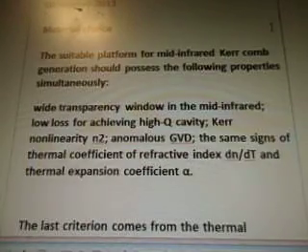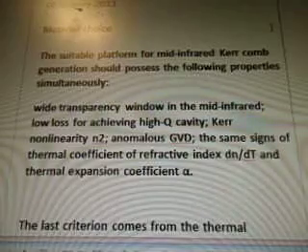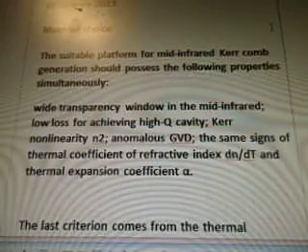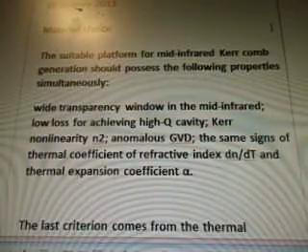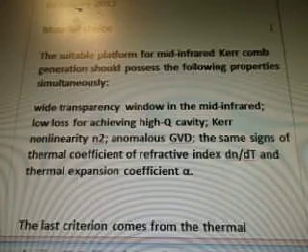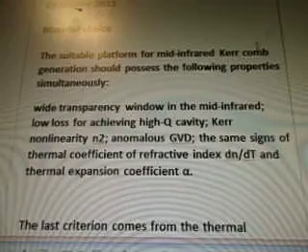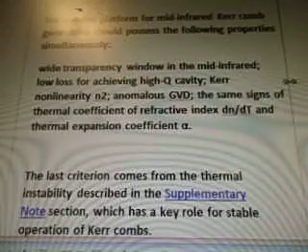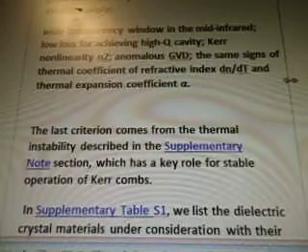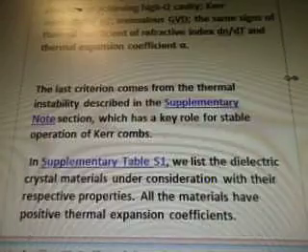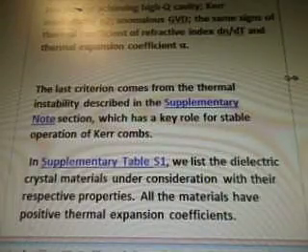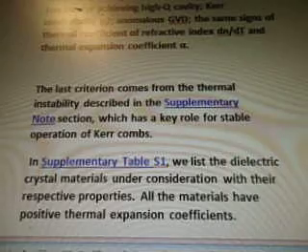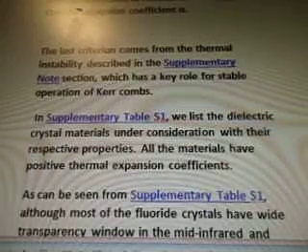Wide transparency window in the mid-infrared, low loss for achieving high Q cavity, Kerr non-linearity N2, anomalous GVD, the same size of thermal coefficient of refractive index dn/dT, and thermal expansion coefficient alpha. The last criterion comes from the thermal instability described in the supplementary notes section, which has a key role for stable operation for Kerr combs.